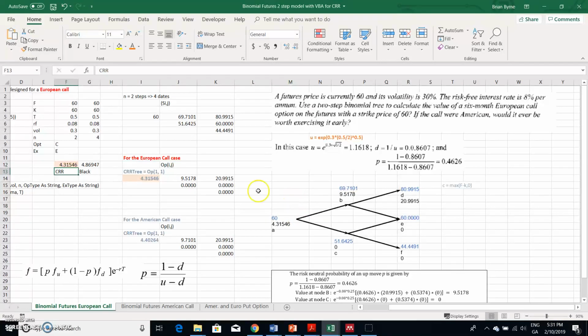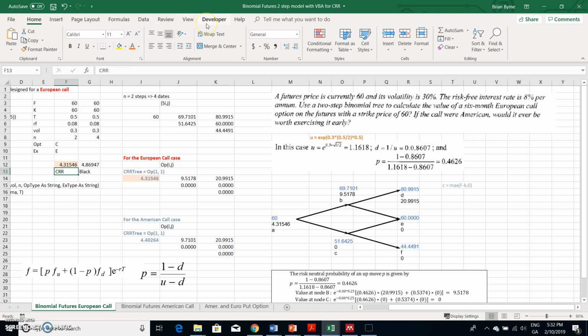I'm going to verify the result here using an actual Cox-Ross-Rubinstein tree nested in VBA. I'm going to use a two-step tree where the volatility is 30%, the risk-free rate is 8%, both the futures and the strike are 60, and the time period is 6 months.